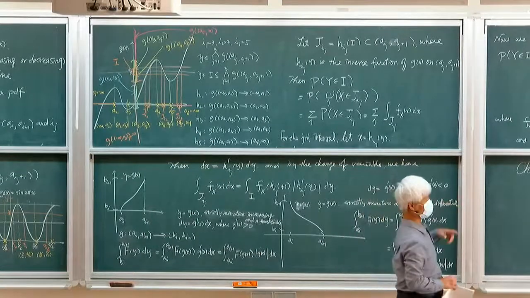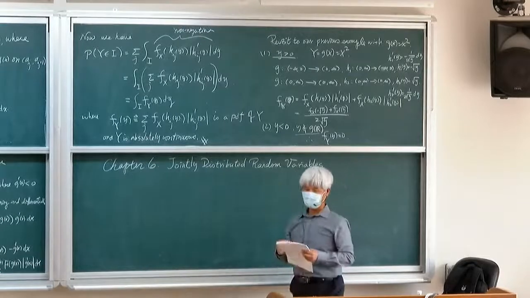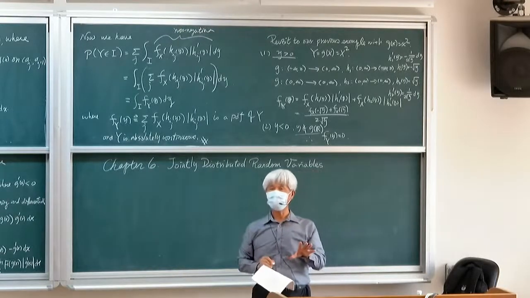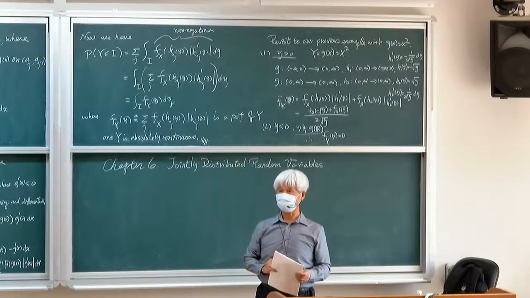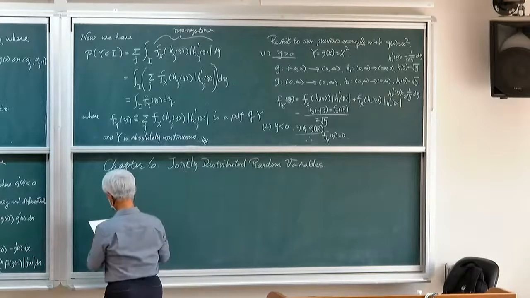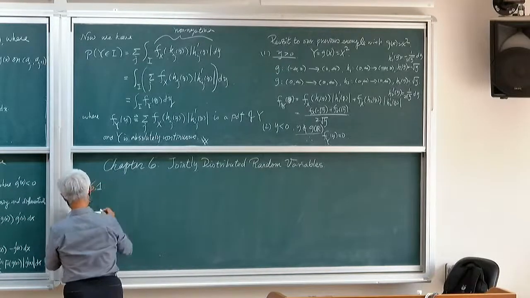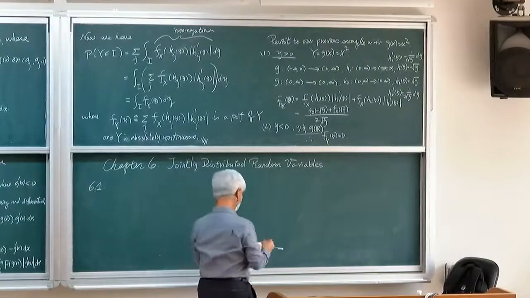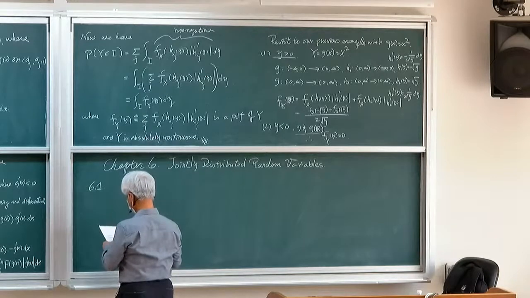But from this chapter, we will see how to handle several random variables together. All right. But of course, we always start with a simple case, like having two random variables to consider.